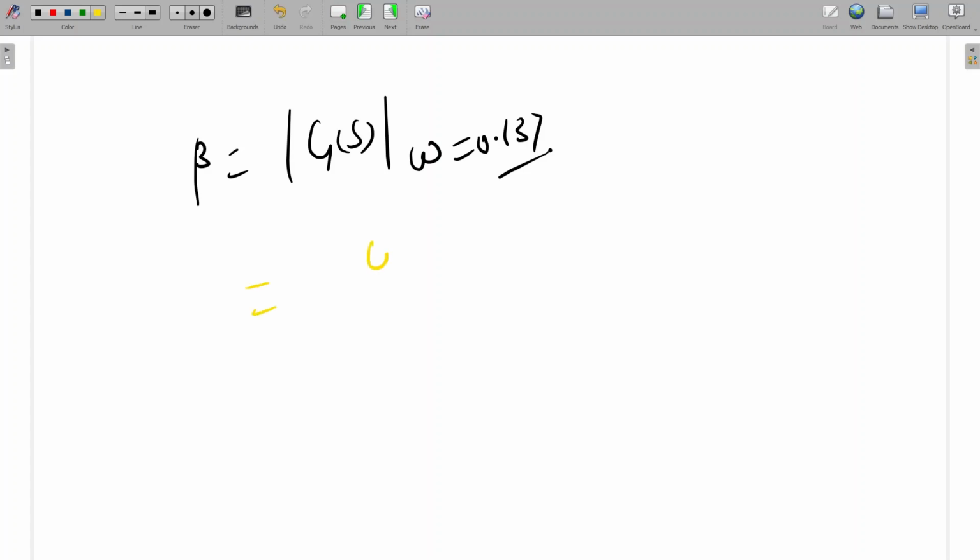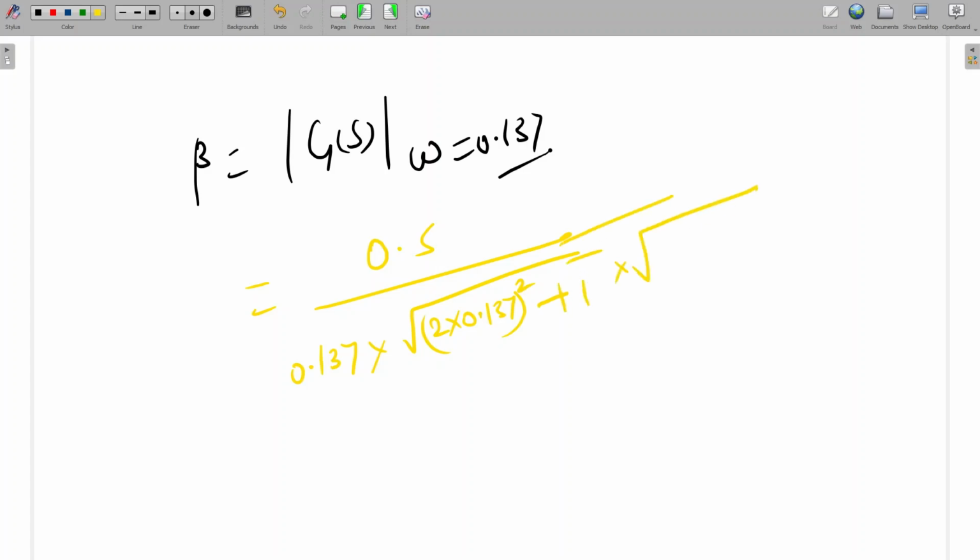So magnitude 0.5 divided by omega, 0.137, into root of 2 into 0.137 whole square plus 1, into 5 into 0.137 whole square plus 1. How much will be this value?